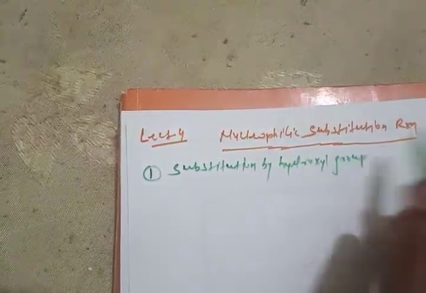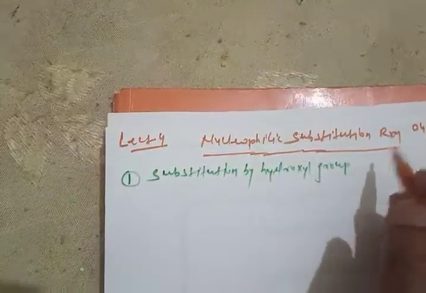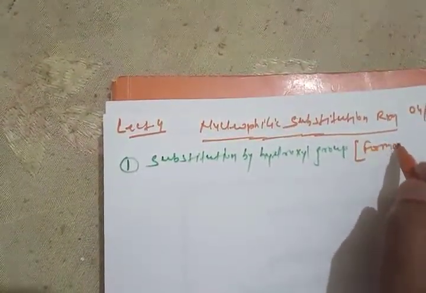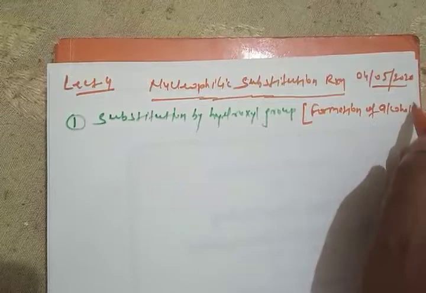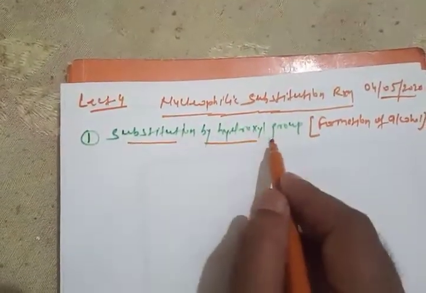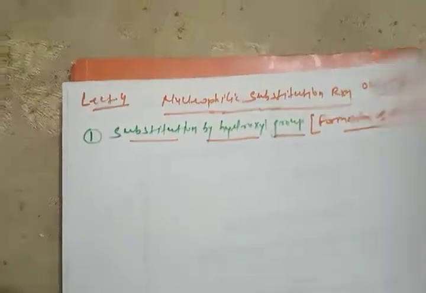And with this substitution, what will we get? We will get alcohol. So here I am writing formation of alcohol. So by substituting the hydroxyl group, we get the alcohol.